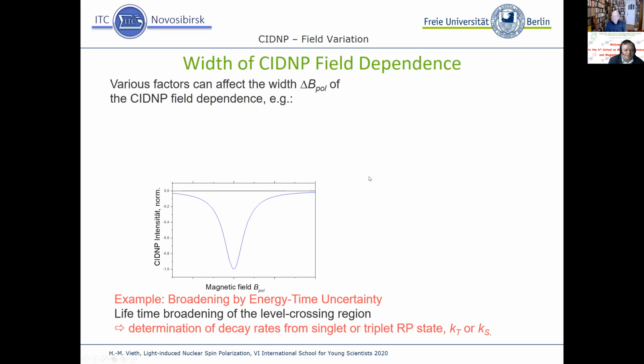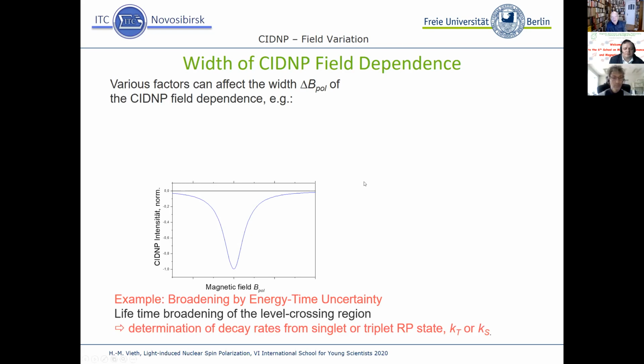Let me just mention that in the intermediate field, you also have other features which are important for analyzing the electronic spin-spin coupling in radicals, radical pairs or biradicals. And you have a feature in the field dependence, as I said, at low field.